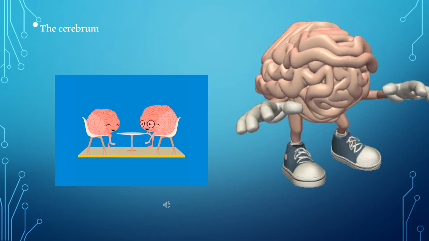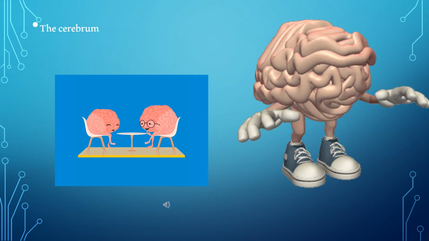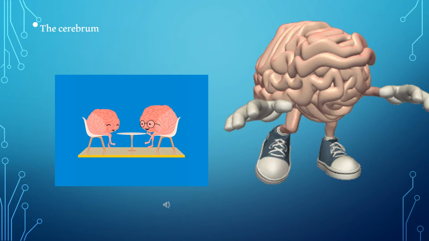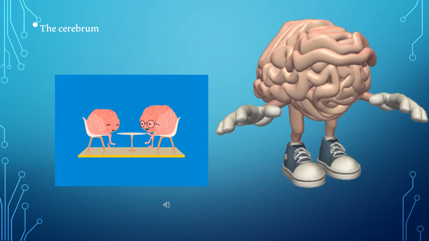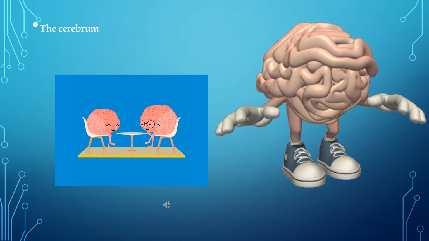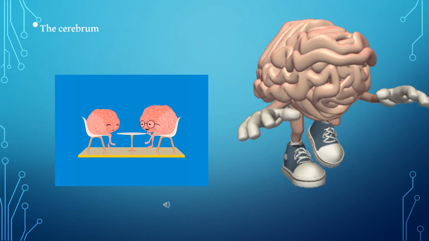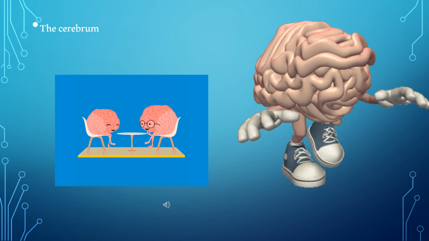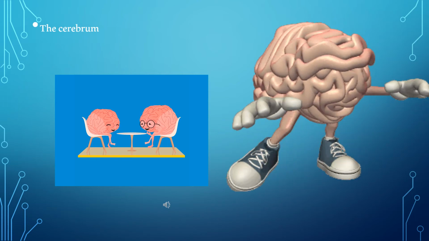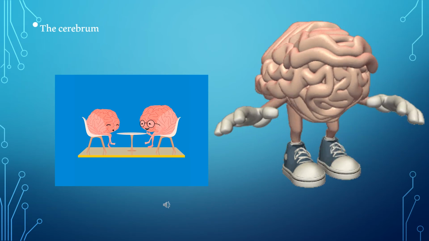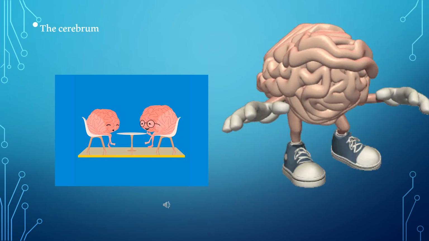The biggest part of the brain is the cerebrum. The cerebrum is the thinking part of the brain, and it controls your voluntary muscles, the ones that you move when you want them to. So you need your cerebrum to dance or kick a soccer ball. You need your cerebrum to solve math problems, figure out a video game, and draw a picture.